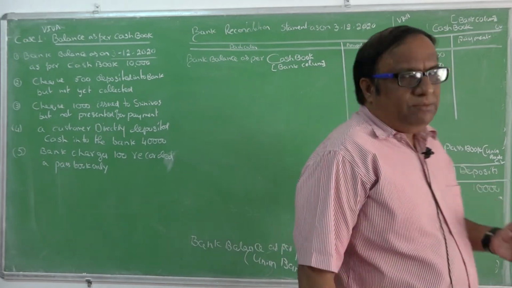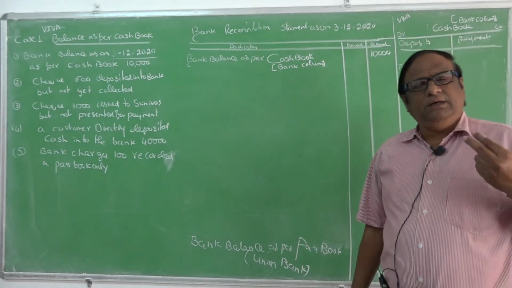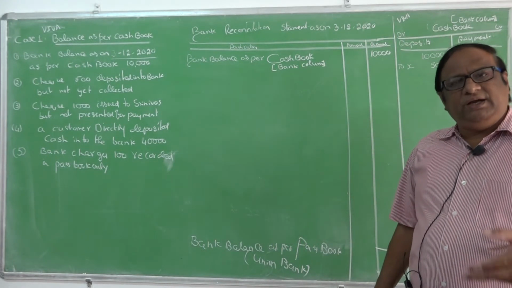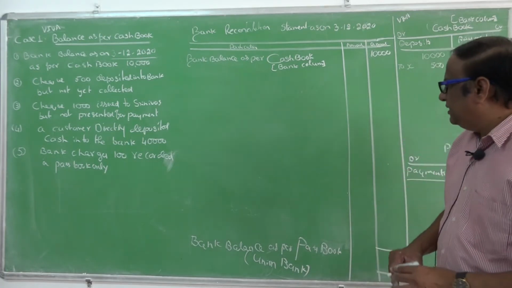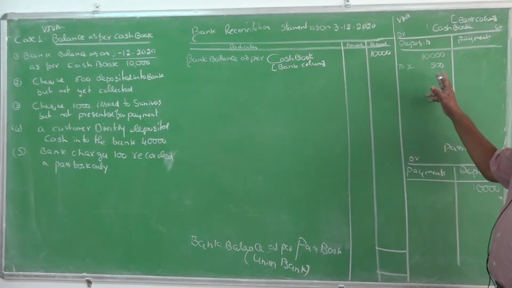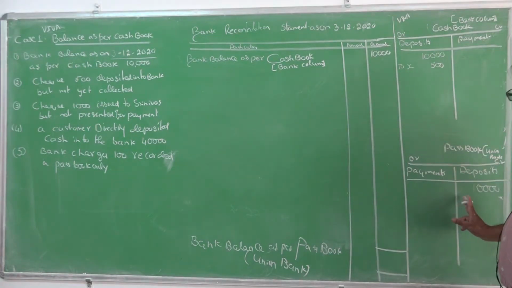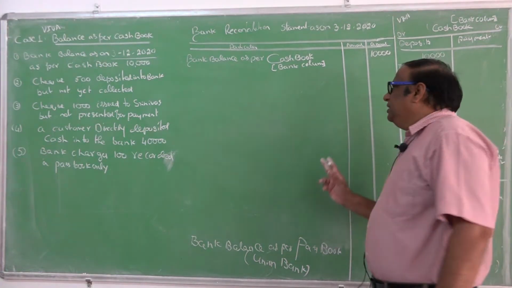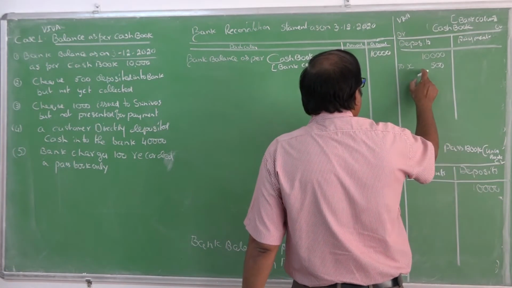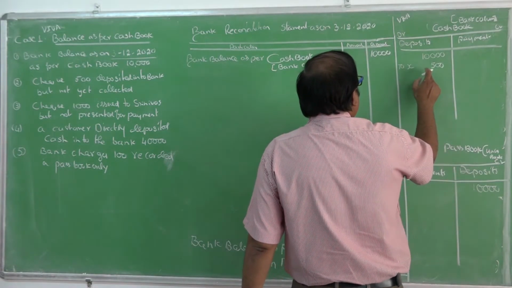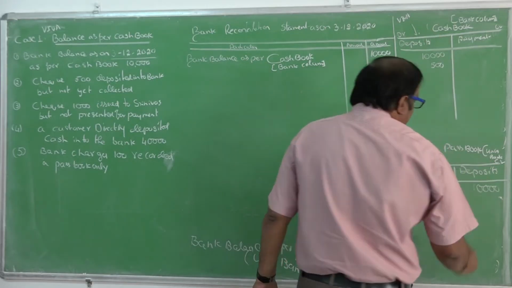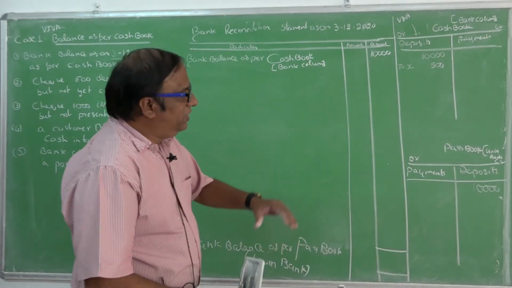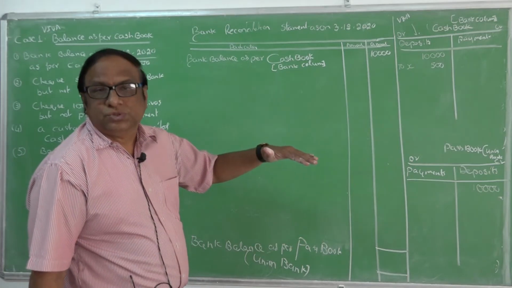Today is Thursday, so it will go through Friday, Saturday, Sunday, and on Monday it will be collected. But on the date when we deposit the check, the check was not collected. So the cash book balance in Viva school shows more, but in Union Bank only 10,000 is showing. So we have to reduce the variance.